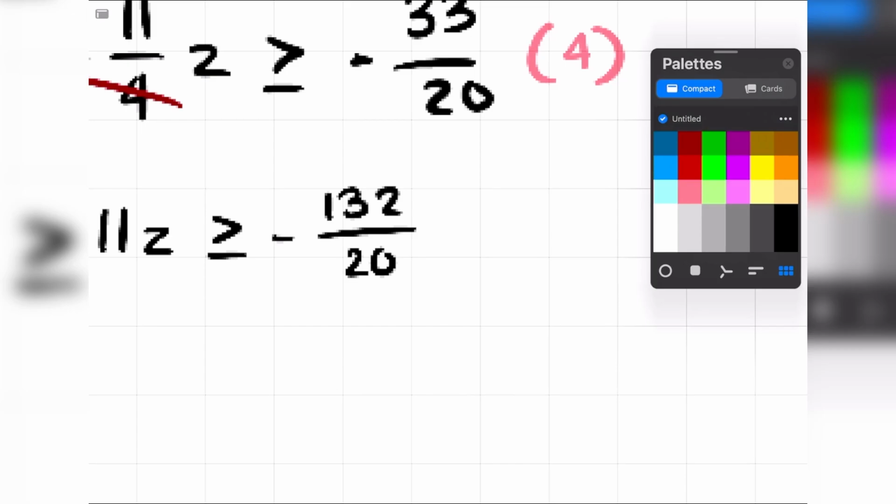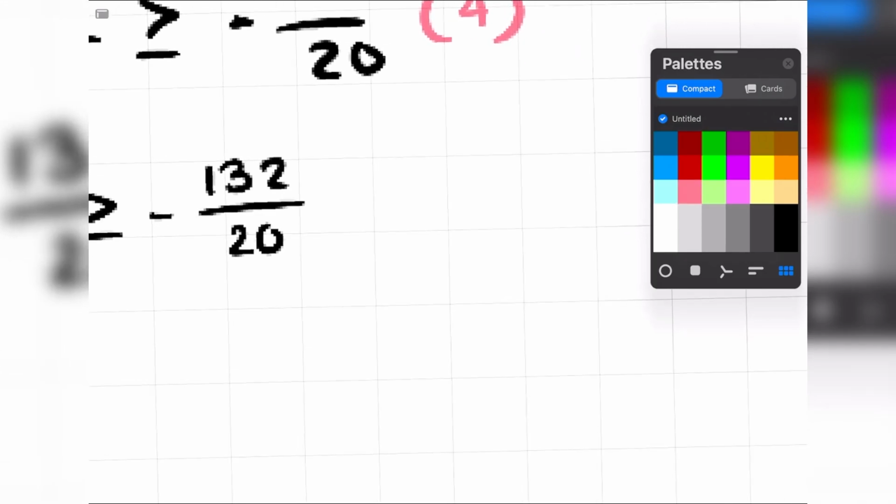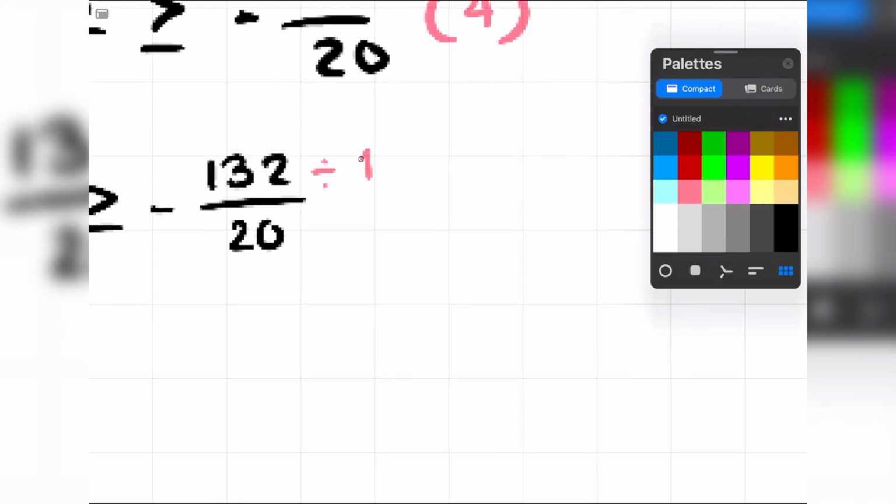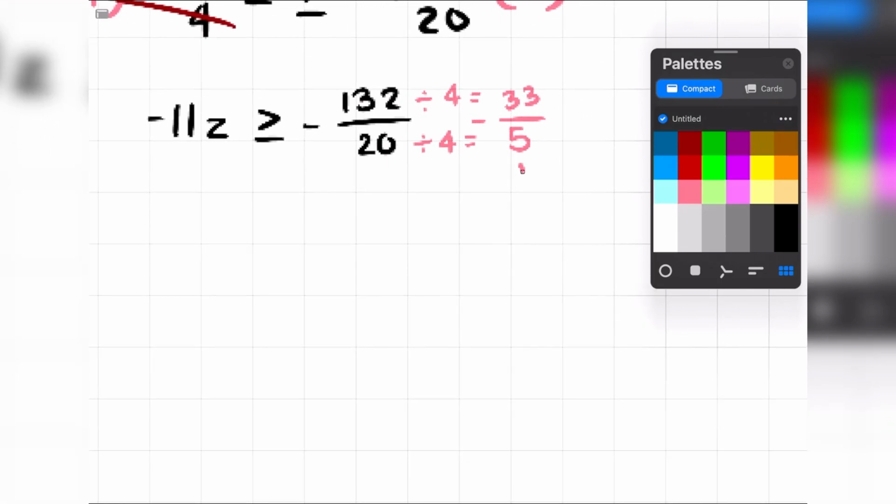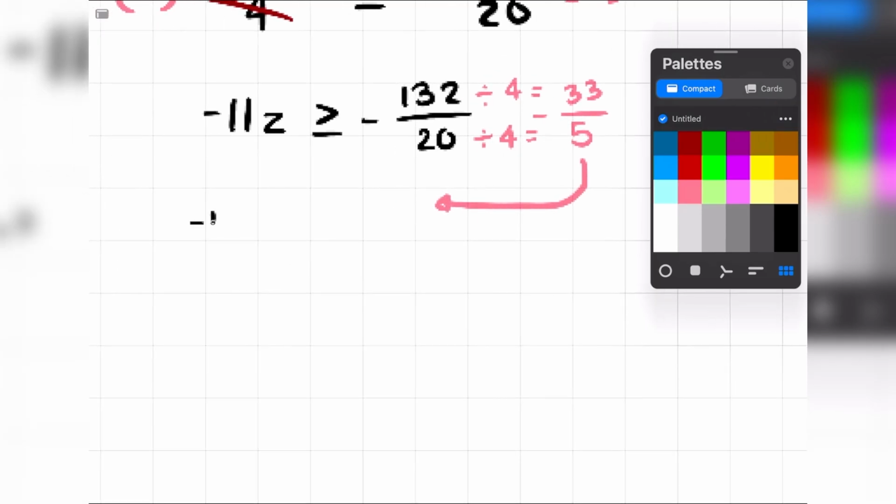So that works. So then you can take both those numbers. They can both be divided evenly by 4. For 20, that would be 5, and for 132, that'd be 33. So you get negative 33 over 5, which you can then bring over here. Negative 11z greater than or equal to negative 33 over 5.